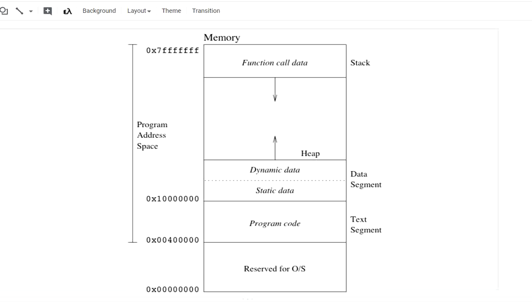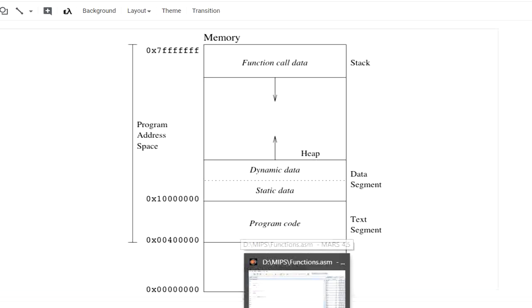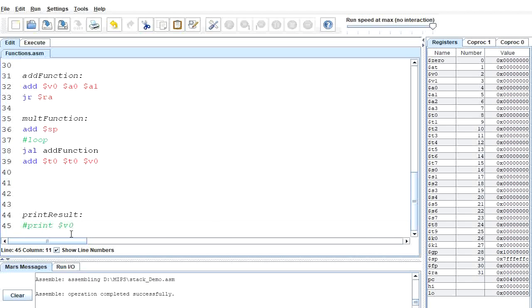Now, in MIPS, first of all, I'll show you in the Mars assembler. Here's the Mars assembler. Here's some program. But what I'm interested in here is SP. That's the stack pointer. And if you notice, it should be pointing to 7FFFFFFC. Well, actually, what did I say?